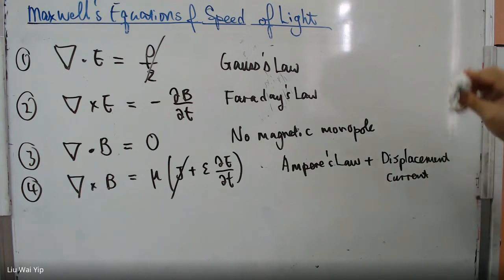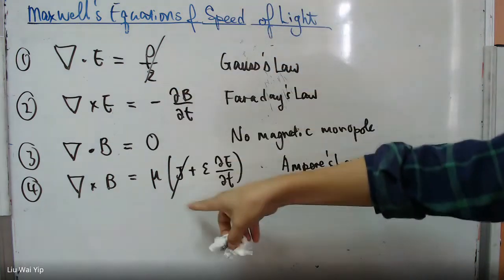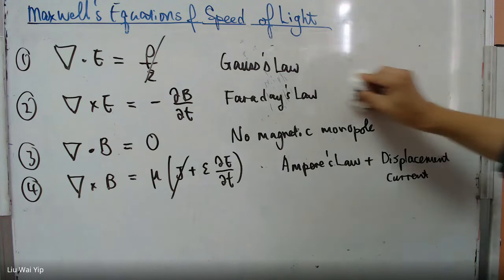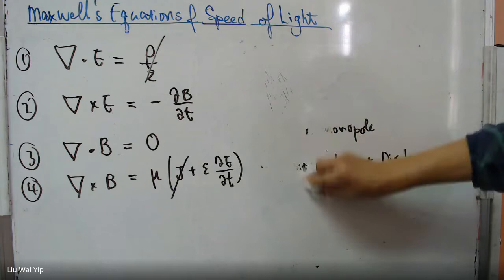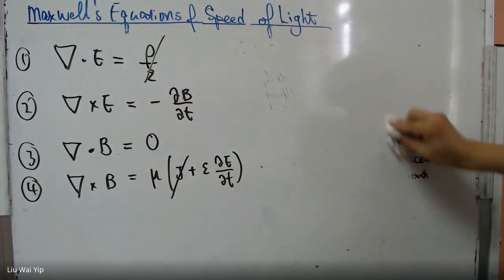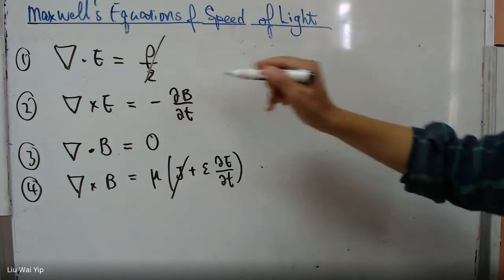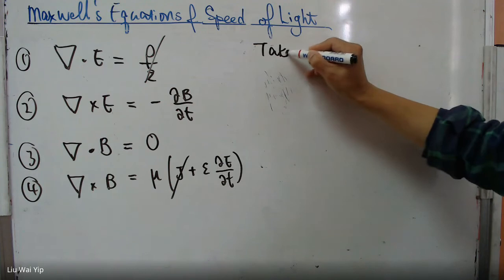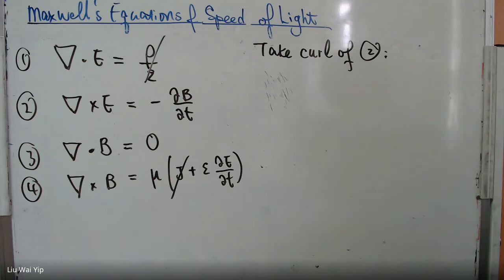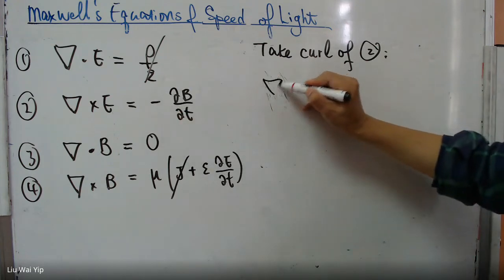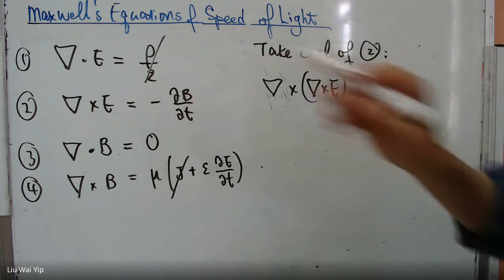Now, we are going to use this equation together with our assumption to derive the speed of light. The first step that you should do is to take curl of equation 2. So we will take curl on the left side.